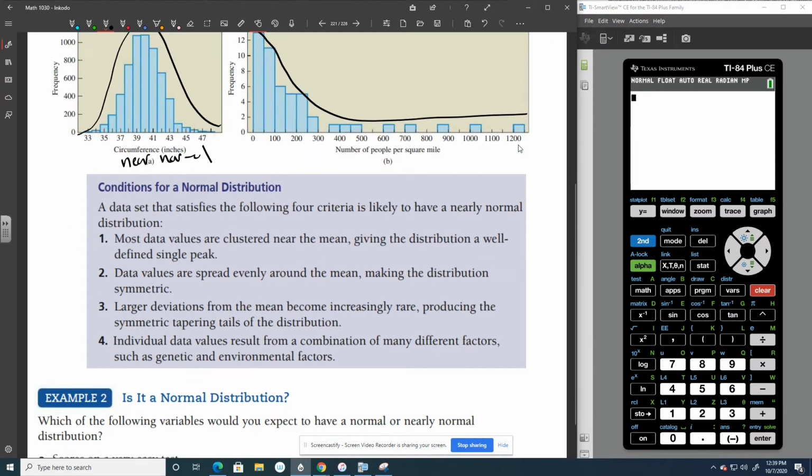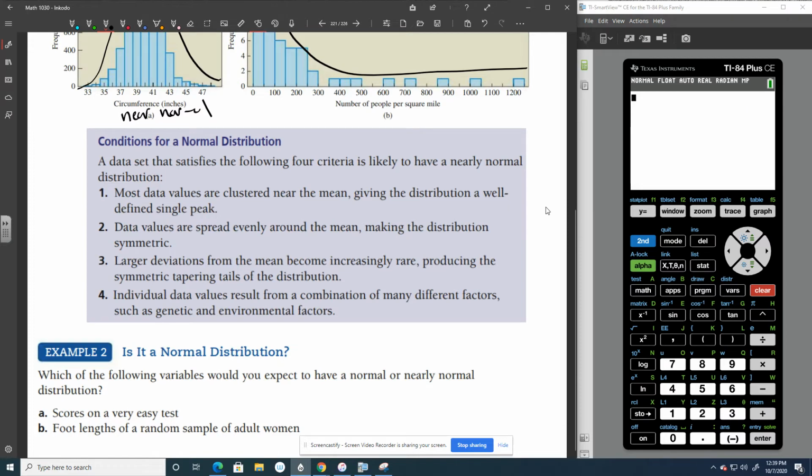All right, so for a distribution to be considered normal, these are just four of the conditions that it meets. Number 1: most of the data is clustered in the middle, giving the distribution that single peak. Okay. Number 2 says that the data values are spread evenly around the mean. So it makes it symmetric.